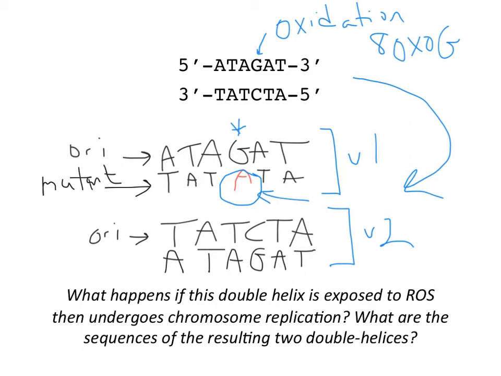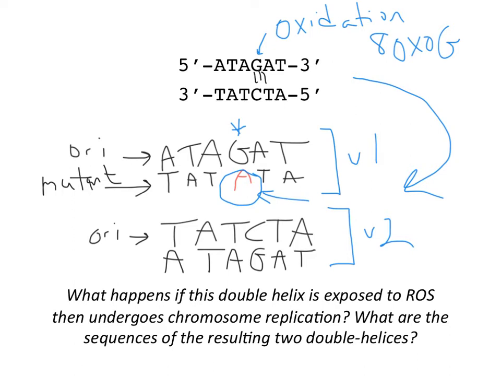It only affects G's. Yep. So when it's exposed to the reactive oxygen species, it doesn't change the original DNA double helix right there. It only affects it later during replication. So the question is, what happens to the original molecule? And this is exactly the point I was trying to make. The original molecule of DNA that undergoes oxidation to 8-oxo-G is still base paired with C. There's still three hydrogen bonds, maybe two after the mutation, but that original double helix, which got that chemical change, is still 8-oxo-G and C underneath it.